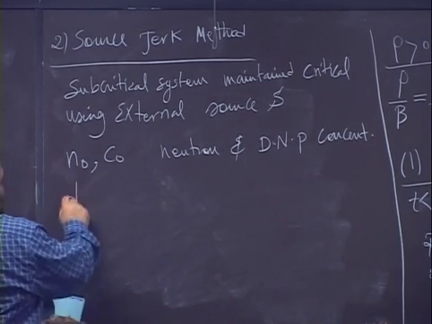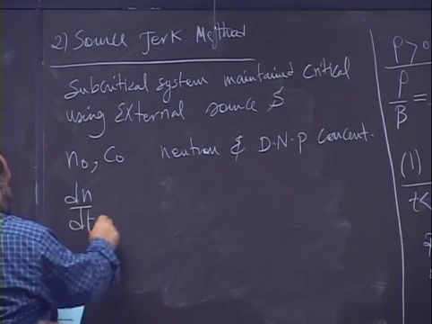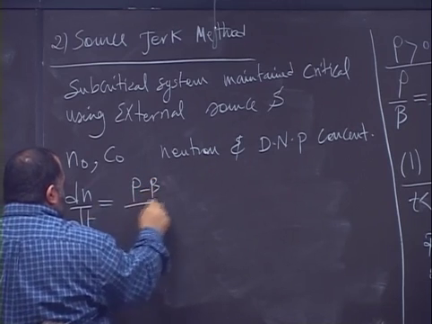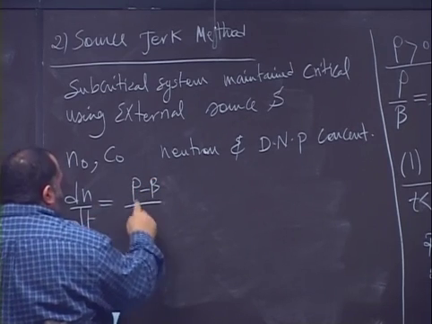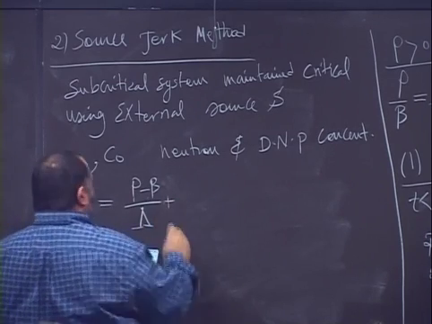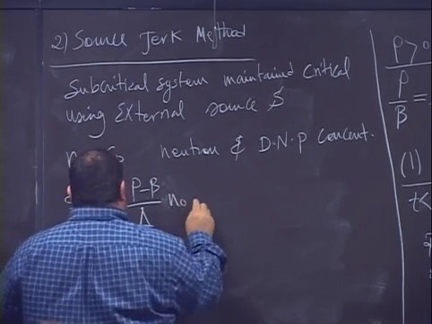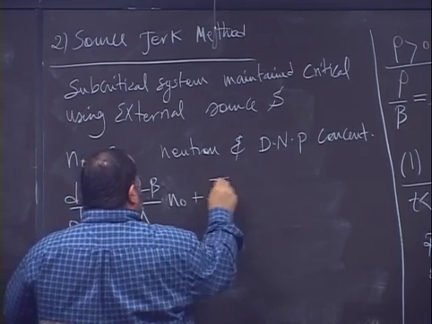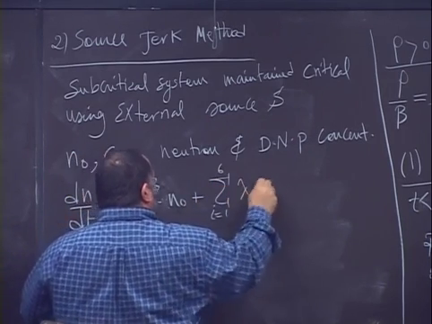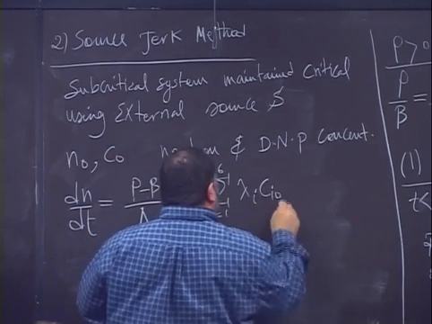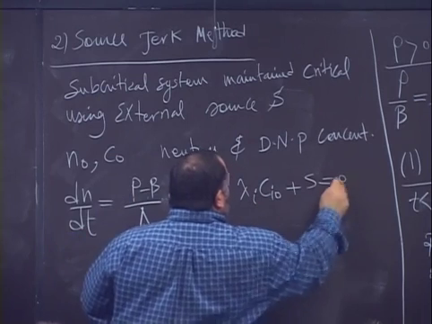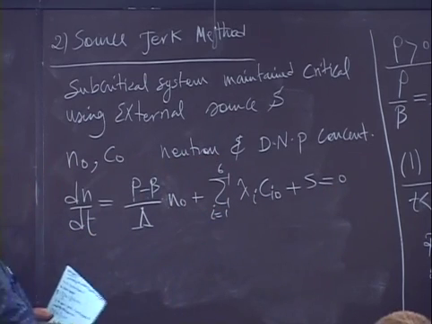So if you write the neutron kinetic equation, this is dN by dt equals rho minus beta divided by gamma multiplied by N naught plus the summation from I equal 1 to 6 of lambda I Ci naught. This is while you are critical, and this will be equal to 0. Why 0?